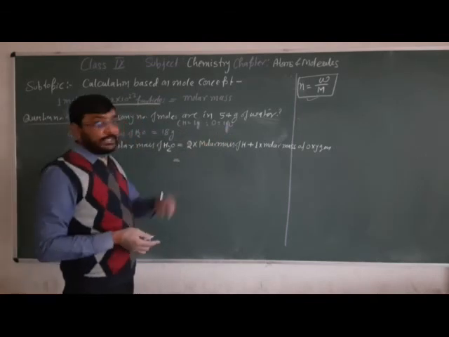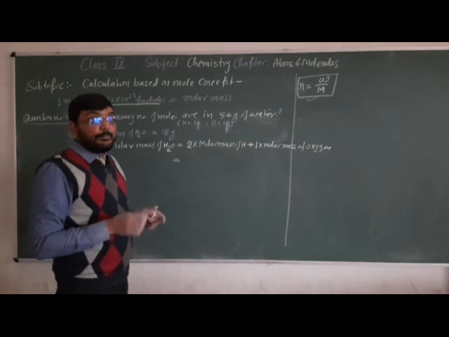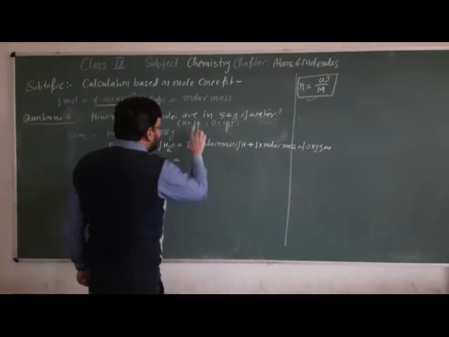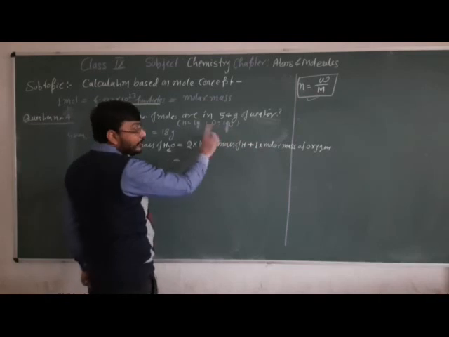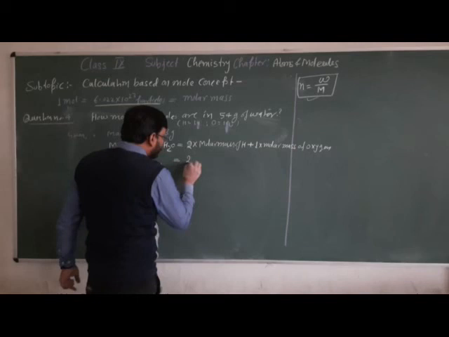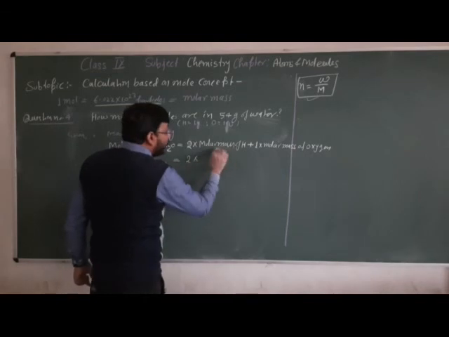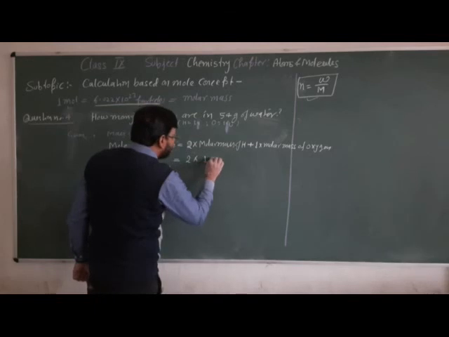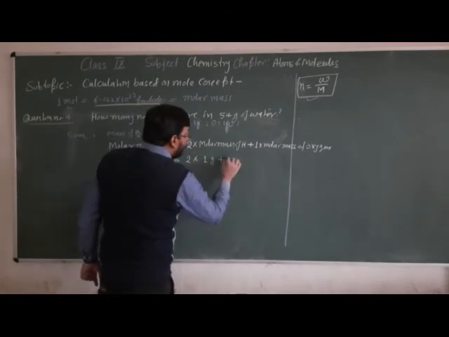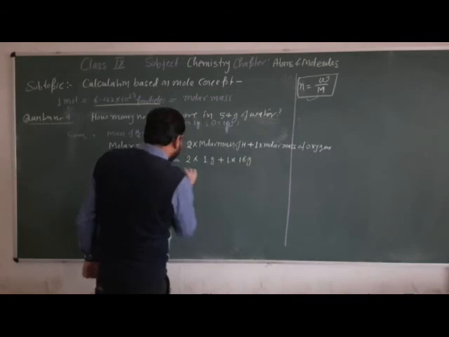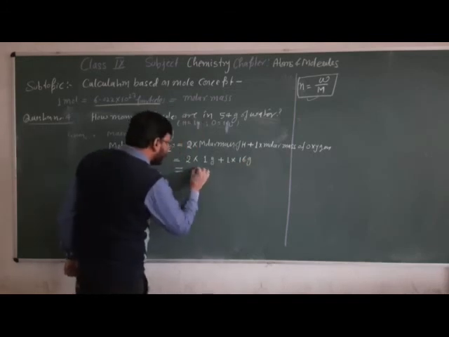You will take that in terms of gram, that is understood. Numerical values are the same. So 2 into the molar mass of hydrogen, 1 gram, plus 1 into the molar mass of oxygen, 16 gram. Here we got the molar mass of water as 18 gram.